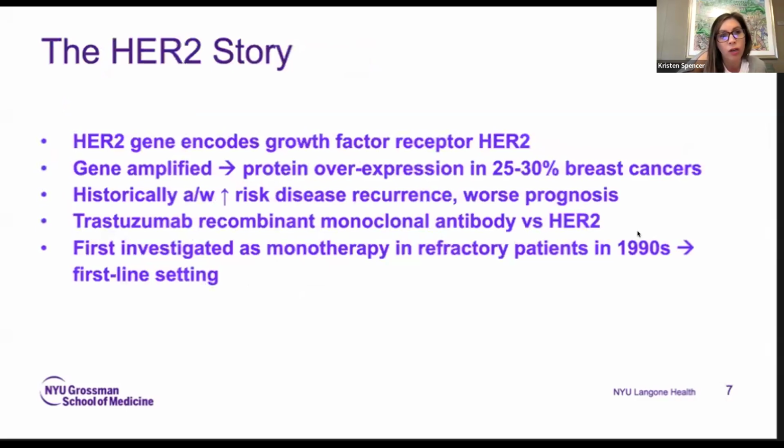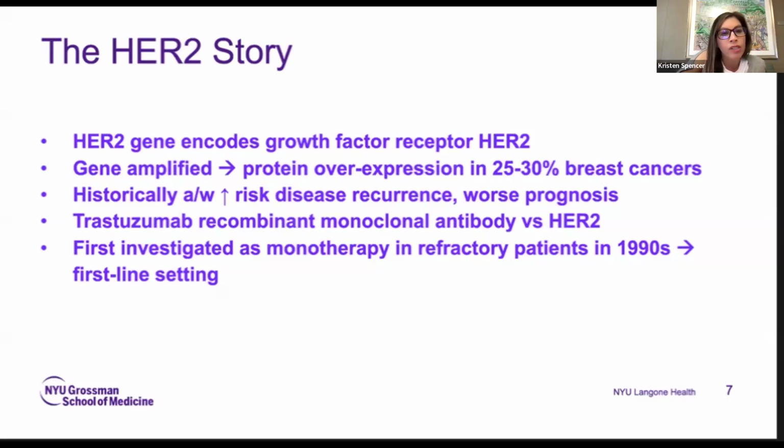So the HER2 gene encodes for the growth factor receptor HER2. That gene, when it's amplified, leads to protein overexpression in about a quarter of advanced breast cancers. And historically, this was associated with an increased risk of disease recurrence and a worse prognosis. And that was until trastuzumab came along, which is a recombinant monoclonal antibody directed against HER2.